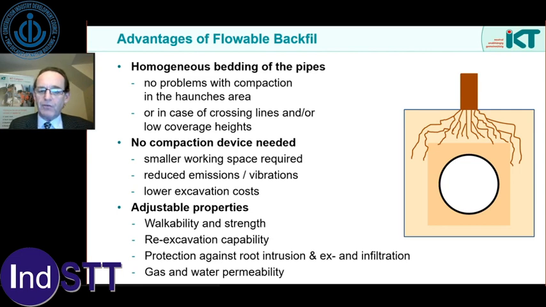Because it flows around with very little space or pores in between, it can provide protection against root intrusion and also against infiltration or exfiltration of water into or out of a pipe. And it can have properties in terms of being non-permeable to gas.